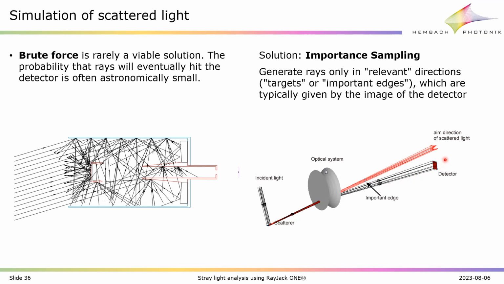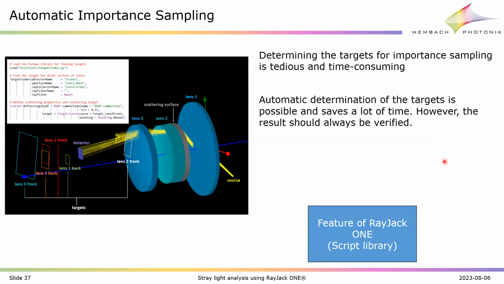There are other tricks which can be used, and we have built into RayJack ONE a so-called automatic importance sampling tool, where you can compute this importance sampling.